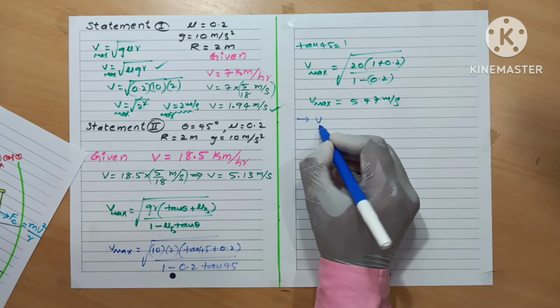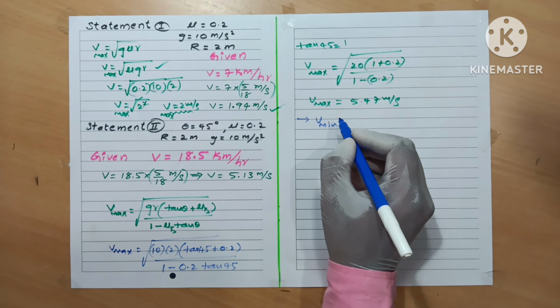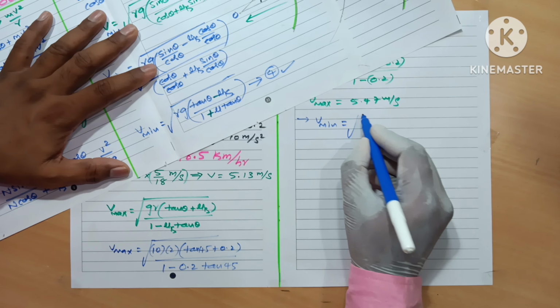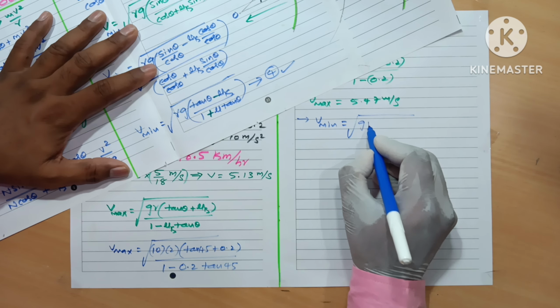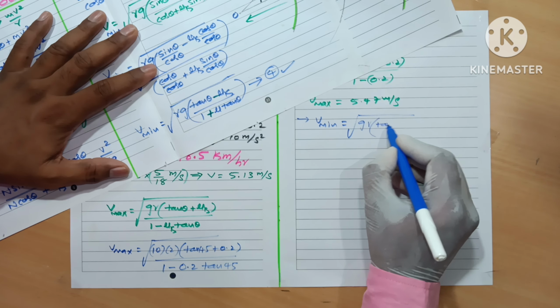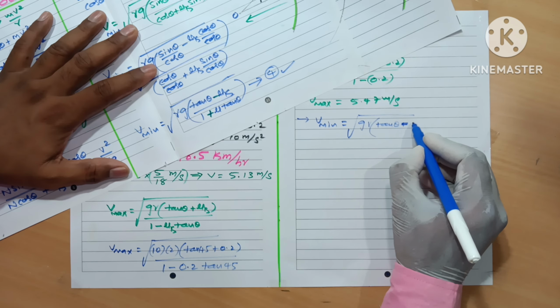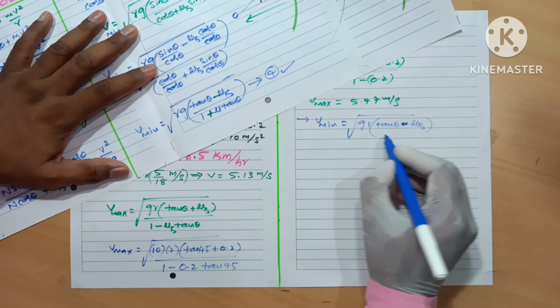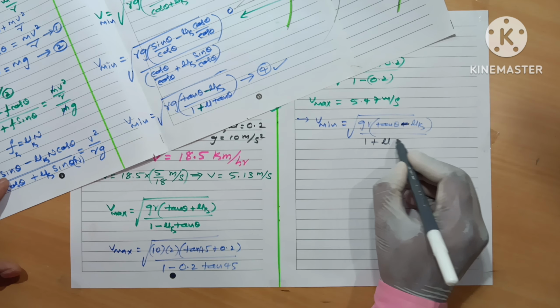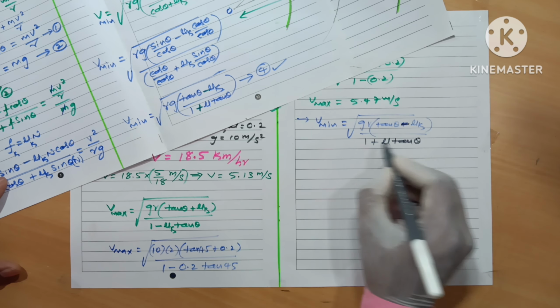See there, V minimum is root of g r into tan theta minus mu k divided by 1 plus mu k tan theta.